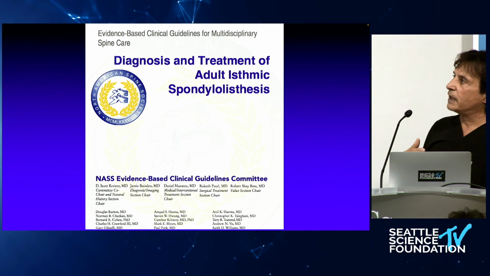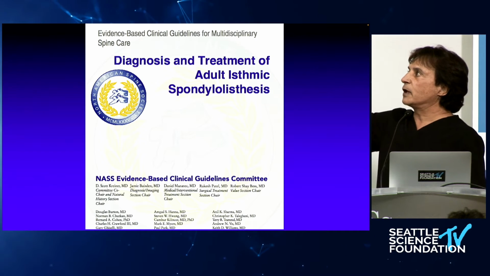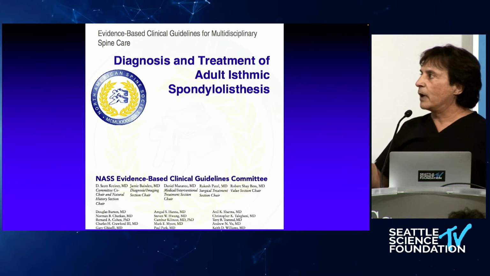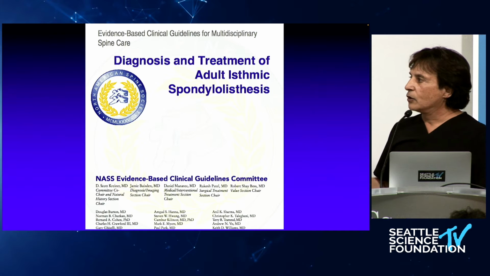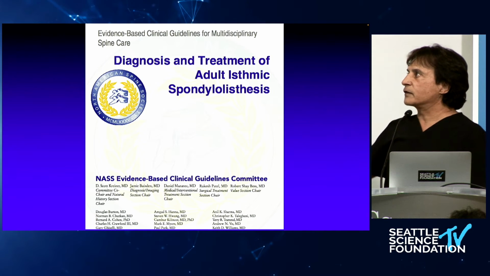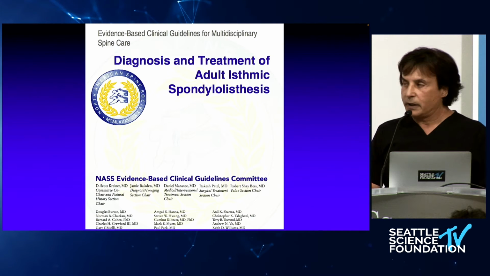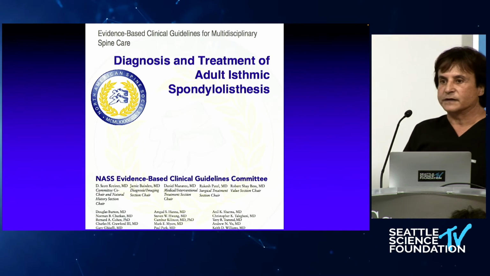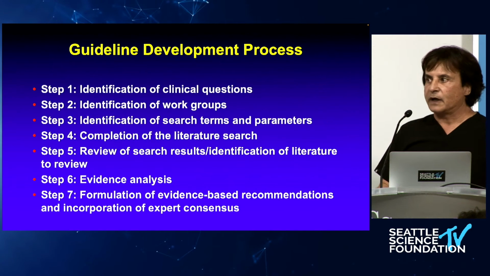Really, NASS addressed this through evidence-based clinical guidelines for multidisciplinary spine care, right? They put this group together to look at the evidence-based clinical guidelines as far as diagnosis and treatment of adult isthmic spondylolisthesis. Is there evidence to support these issues?